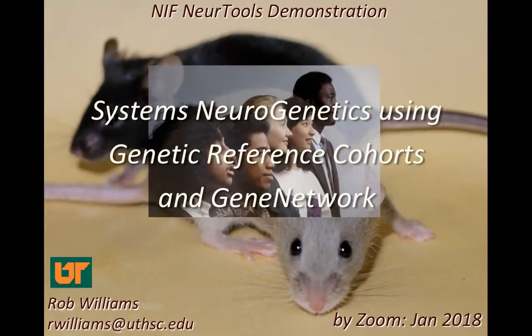Dr. Williams holds the UT Oak Ridge National Laboratory Governor's Chair in Computational Genomics. He was a past president of the International Society for Behavioral and Neural Genetics and a founding director of the Complex Trait Community. He is also the editor-in-chief of Frontiers in Neurogenomics.